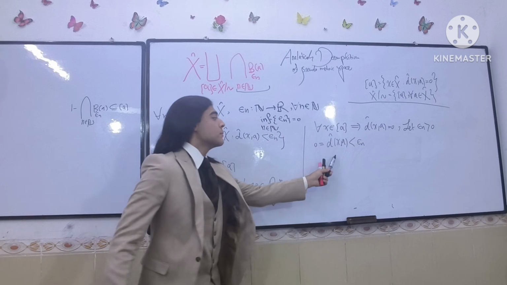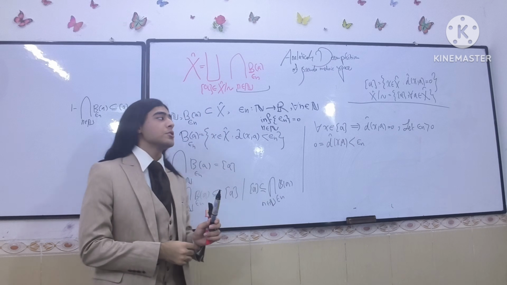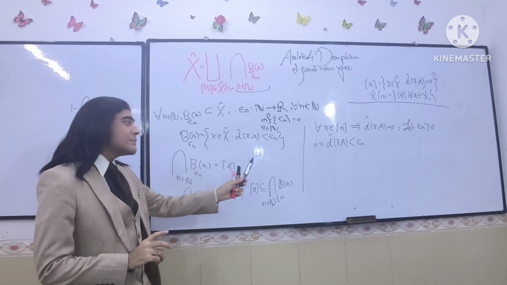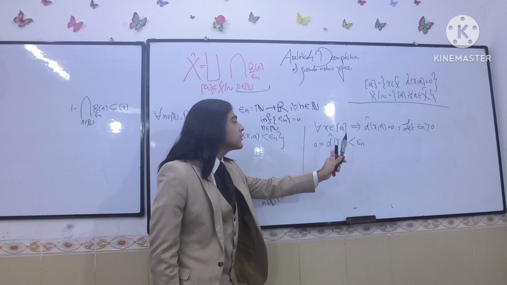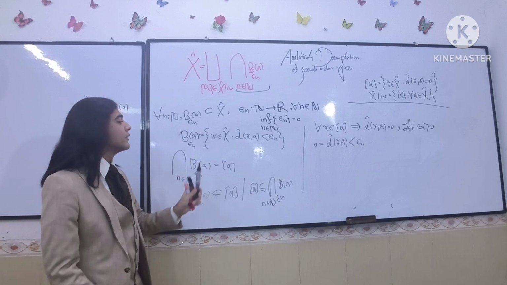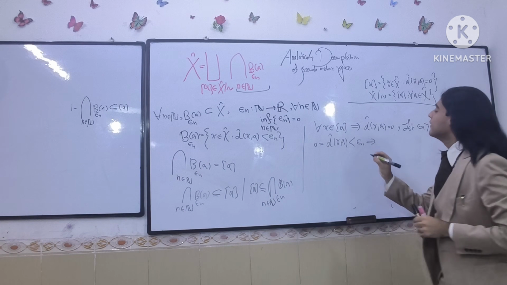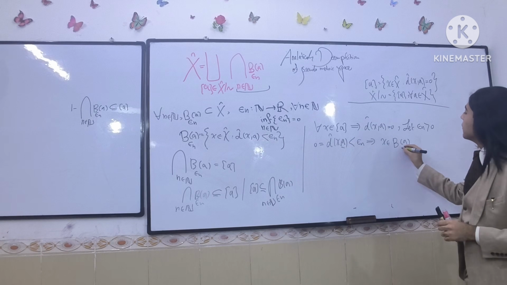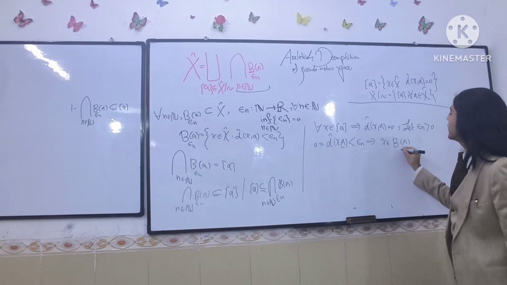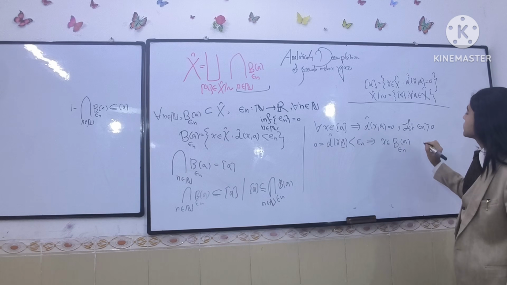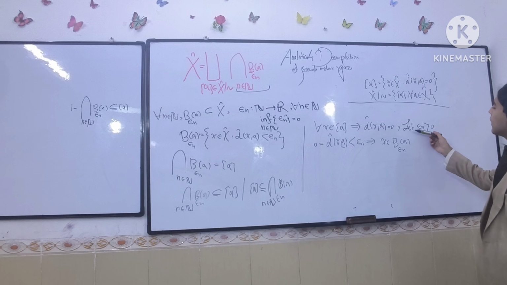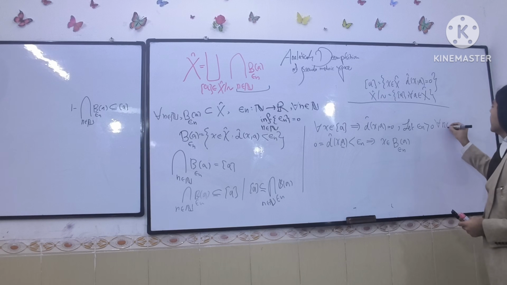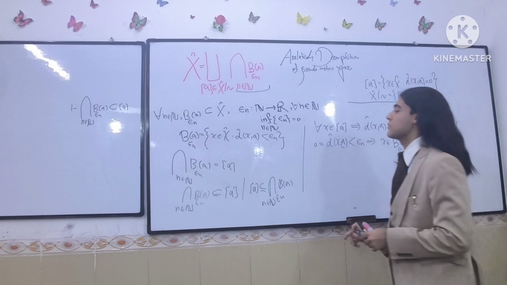Now, what is this? This is the formal definition of open balls. That means x belongs to the open ball, so x is an element of the open ball of A indexed by epsilon n. In this assumption, I take epsilon n greater than 0, of course, for all n natural numbers.